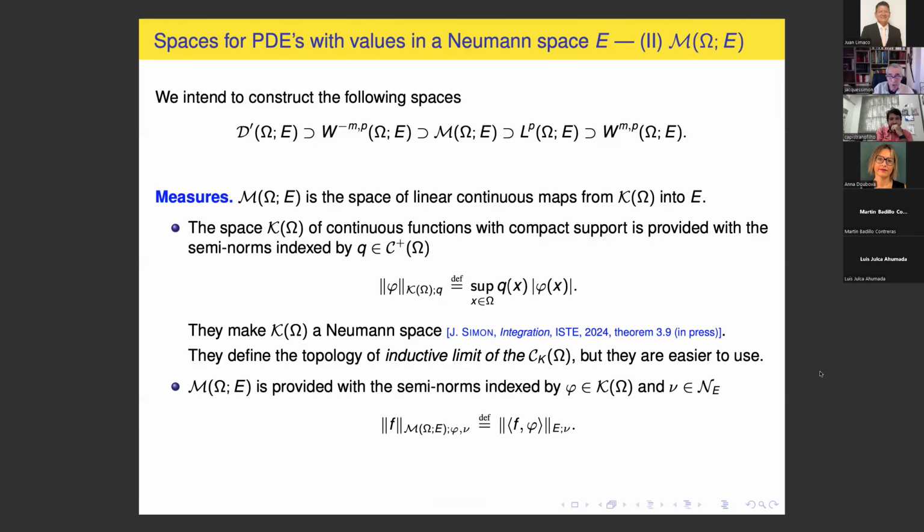And the measure is provided with the seminorms of the weak topology of the measure. This topology makes the measure space a Neumann space. And this is proved in the book on integration that is in press, and which will be available in some months.